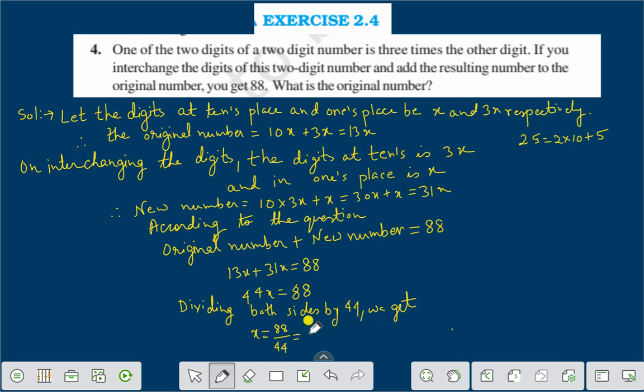The value of x is equal to 2, right? Therefore, the value of x is equal to 2.